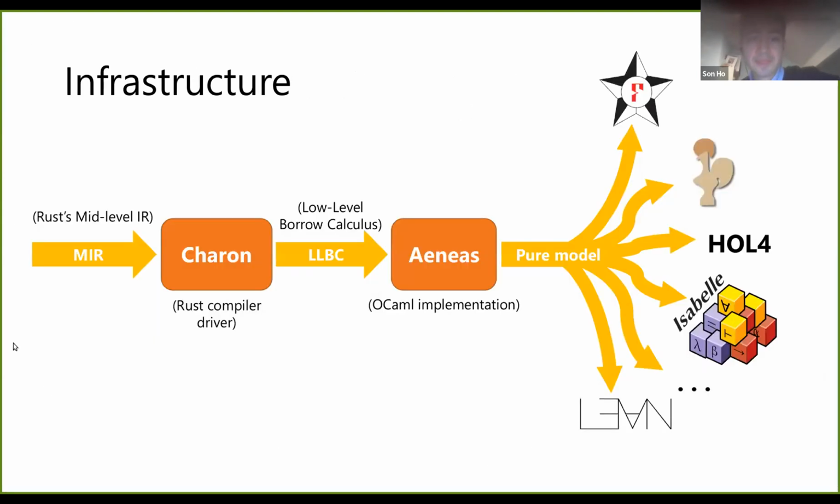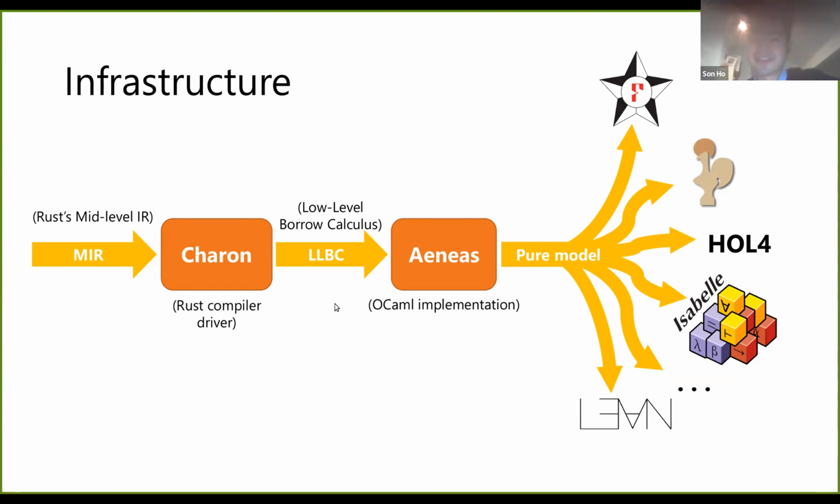So we implemented this translation mechanism, and this leads to the following infrastructure. On the left, you have the Rust compiler, and we retrieve its output, the Rust mid-level intermediate representation. Because of the way the Rust compiler is built, you can only do this by implementing a Rust compiler driver, which links itself to the compiler. In our case, we implemented something we call Charon.